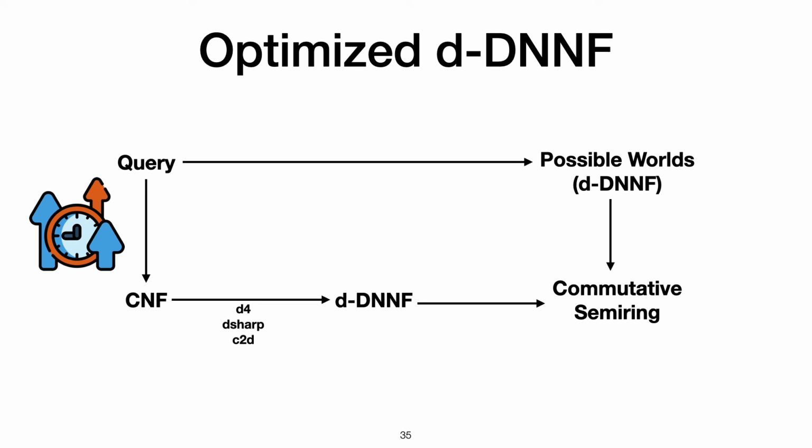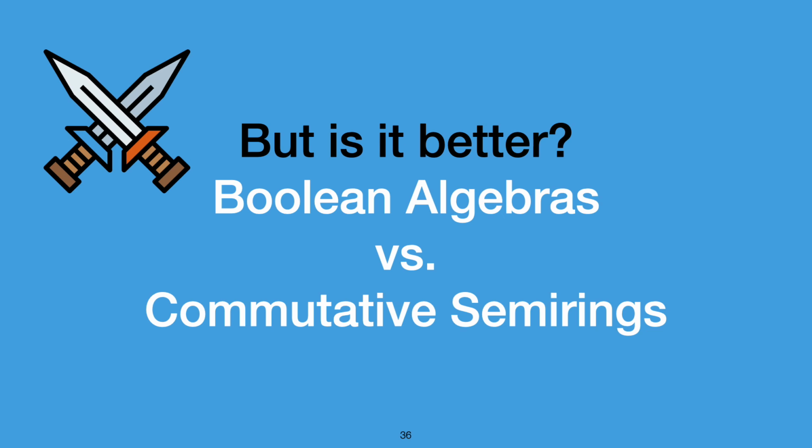So with this more efficient path below, we first transform the query into its normal form and then interpret it as a commutative semiring, which is most frequently in terms of its probability. But can we compare between Boolean algebras and commutative semirings? Because both come with their advantages and disadvantages.